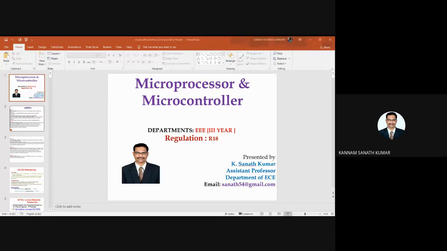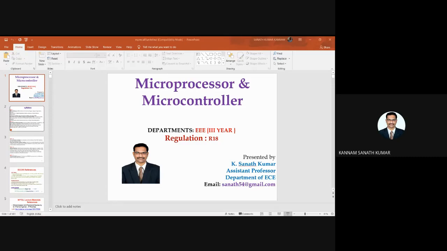In the third unit, we'll study how we can interface IO devices with the 8051, IO and memory interfacing like LCD, keyboard, external RAM, ROM, ADC (analog to digital converter), and DAC (digital to analog converter).